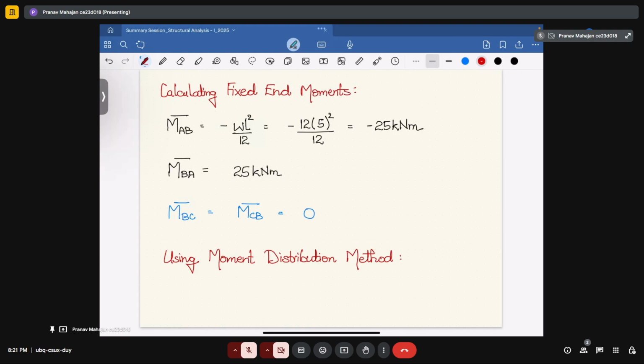If you calculate them, you will get the values for MAB equal to minus 25 kilonewton meter, and for MBA it is coming out to be 25 kilonewton meter. Whereas for the BC span, there is no loading, so its fixed end moments will become equal to 0.